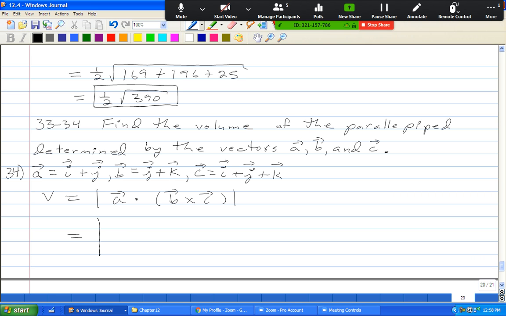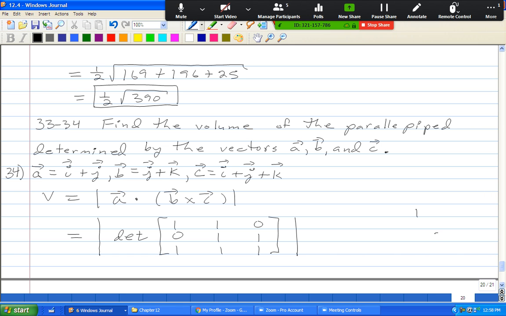So maybe I'll say it that way. The absolute value of the determinant, horrible notation, of A 1, 1, 0, B 0, 1, 1, C 1, 1, 1.